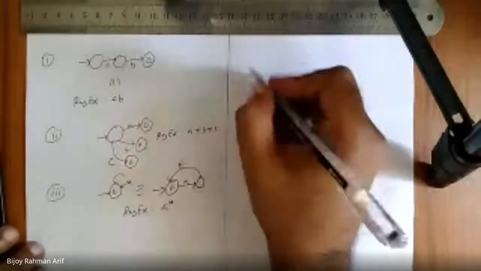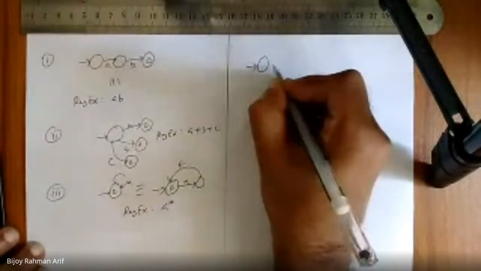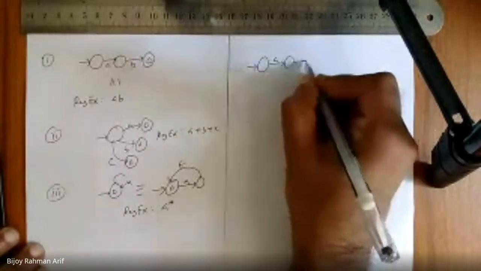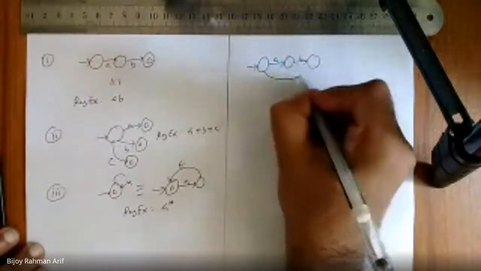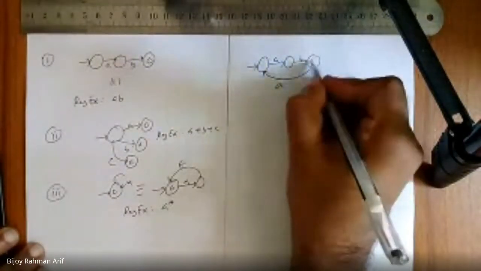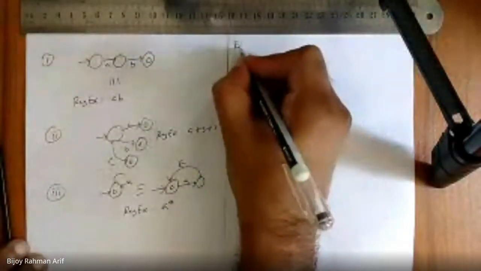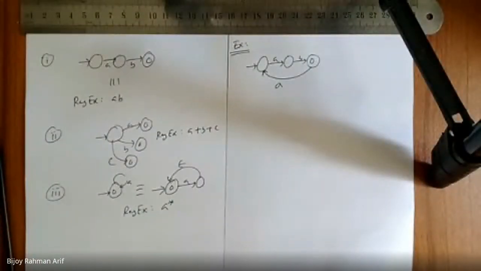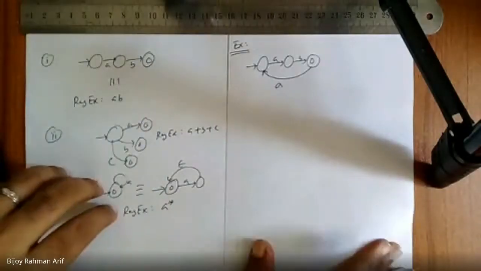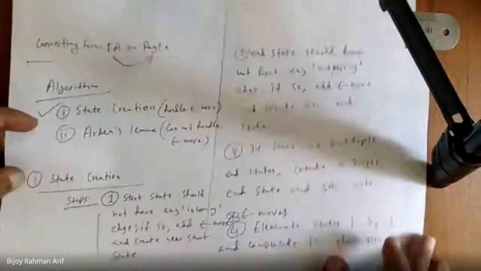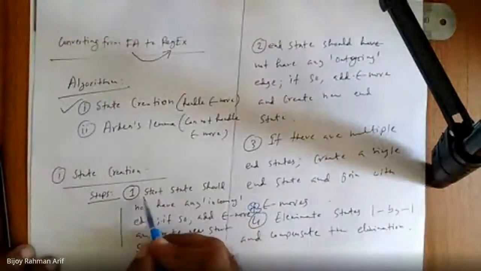Let's take this example. So what does the first rule say? Start state should not have any incoming edge.